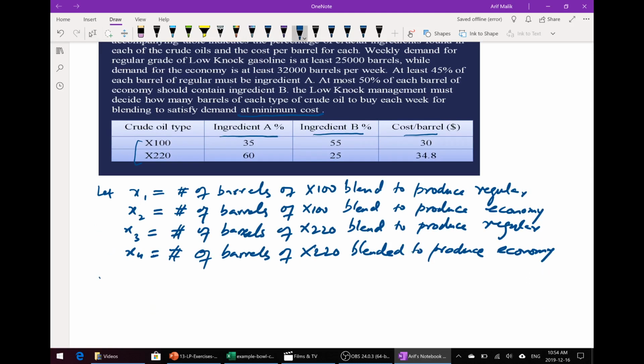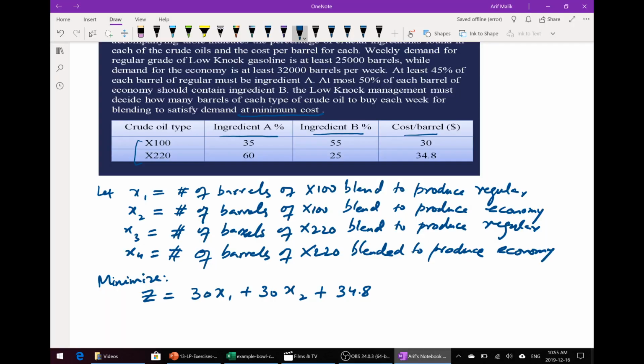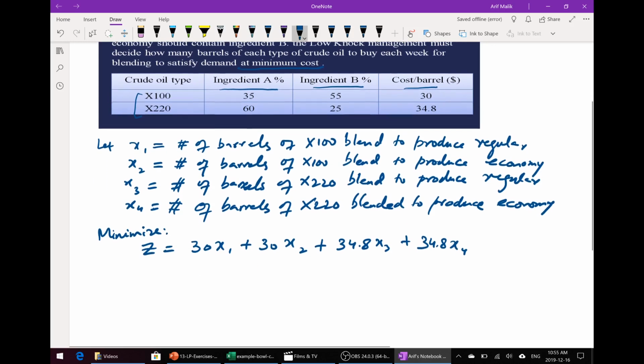We say minimize Z equal to 30 X1 plus 30 X2, which are going to produce regular and economy, plus 34.8 X3 plus 34.8 X4.